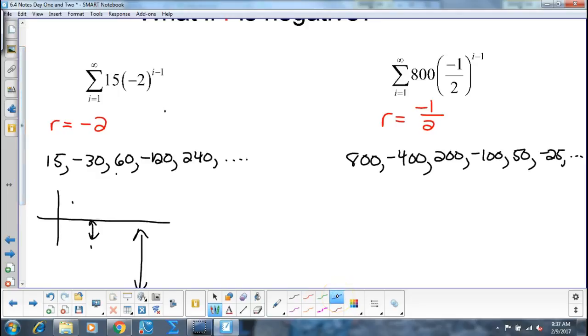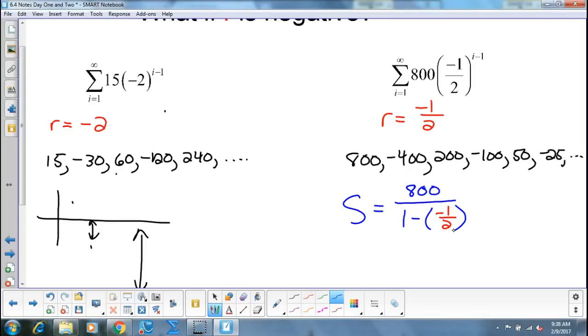Okay, so the sum is going to be my first term, which is 800, divided by 1 minus my r value, which was negative 1/2. 1 minus negative 1/2 is 3/2.